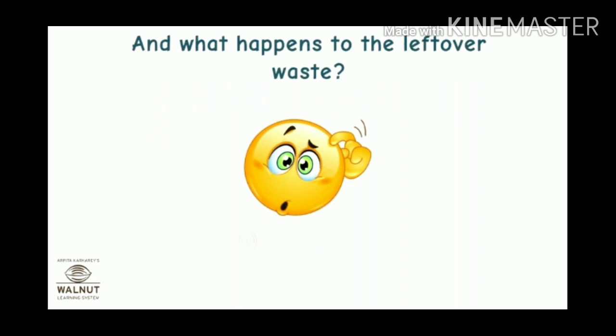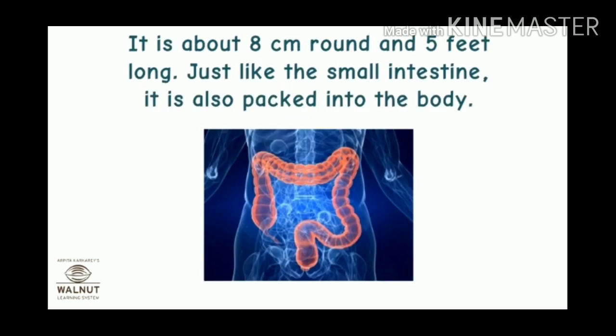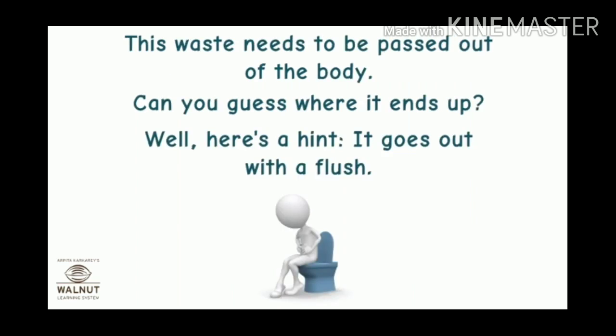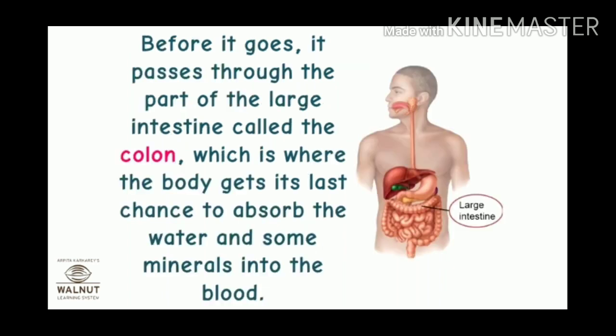Students, now the question arises, what happens to the leftover waste? Next is the large intestine. It is about 8 cm round and 5 feet long, just like the small intestine, also packed into the body. This waste needs to be passed out of the body. How does it pass out?